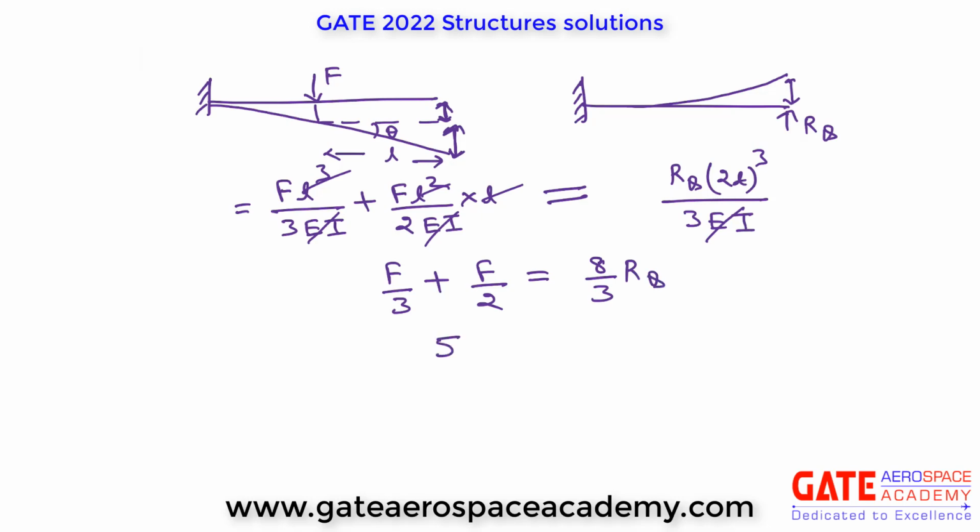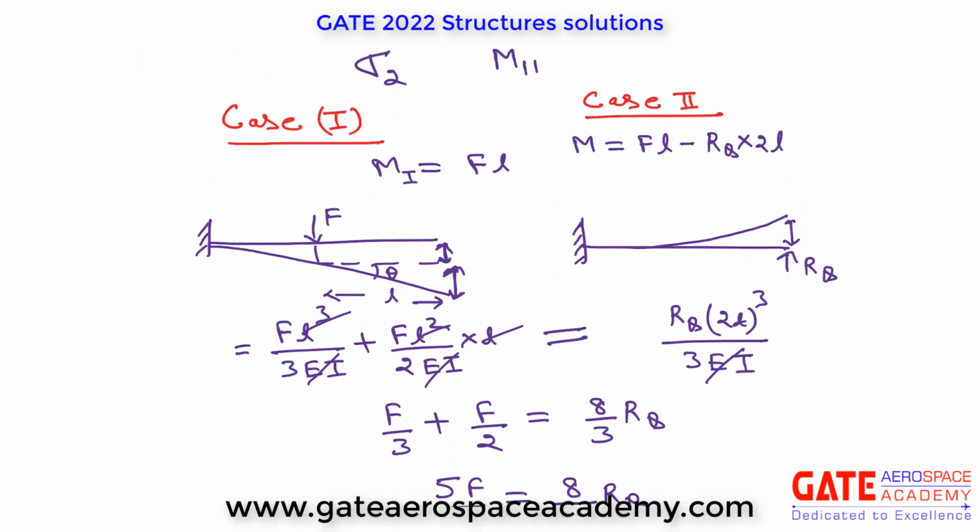So it will be 5F by 6 is equal to 8 by 3 RQ. So RQ, reaction at Q, is 5 by 16 F.